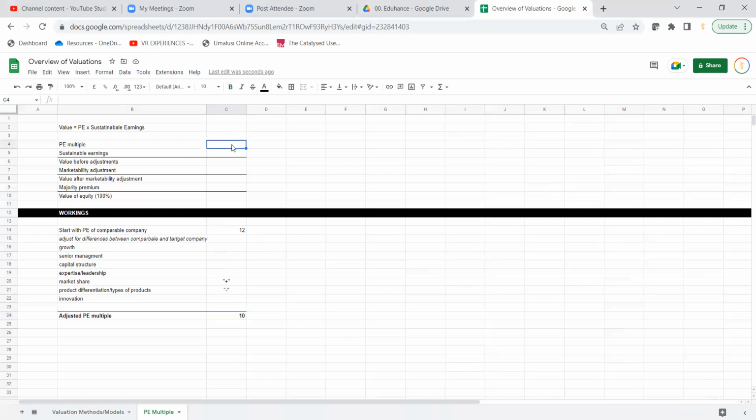Now we come to sustainable earnings. When you have sustainable earnings, what's going to happen? You'll get a number of years of earnings.